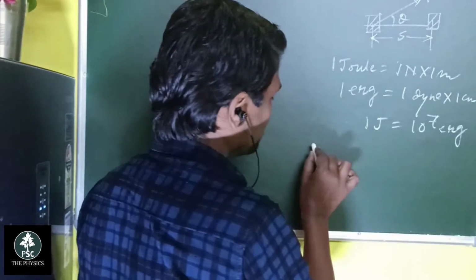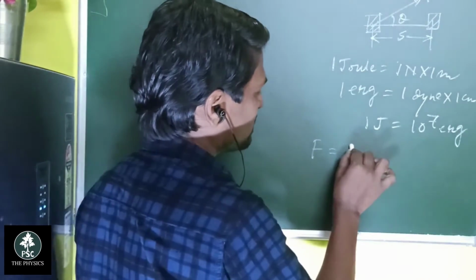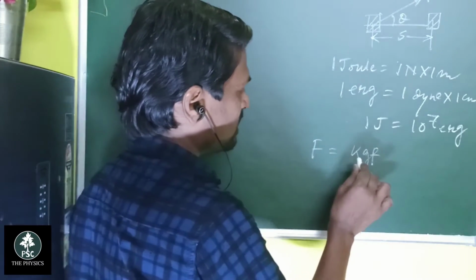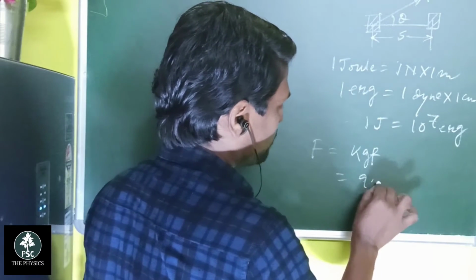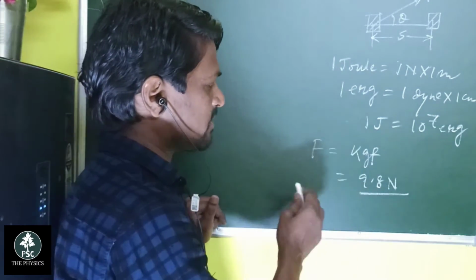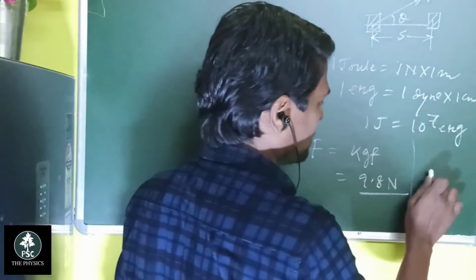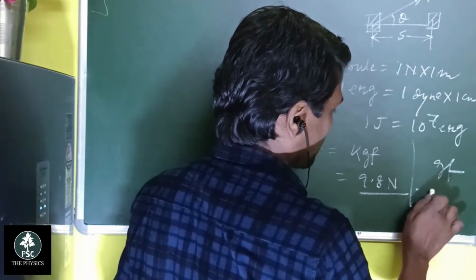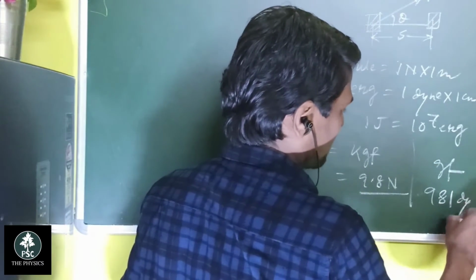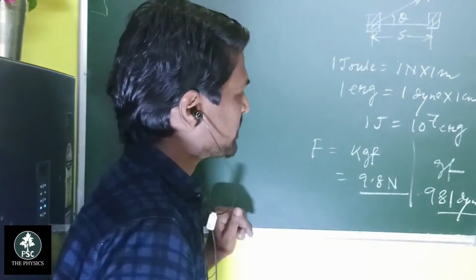Dear students, if the force is given in kg force, then you have to multiply by 9.8, and that gives Newton. If it is given in gram force, then you have to multiply by 981 or 980, and that gives dyne.